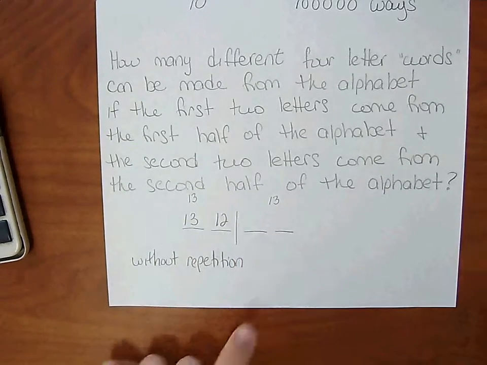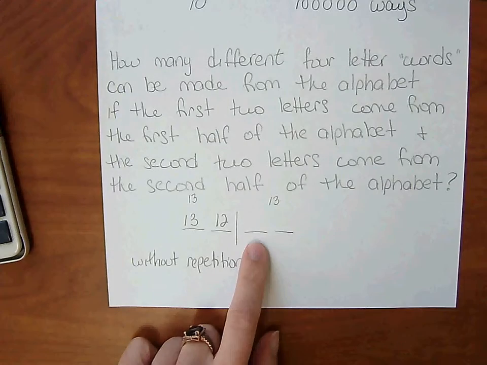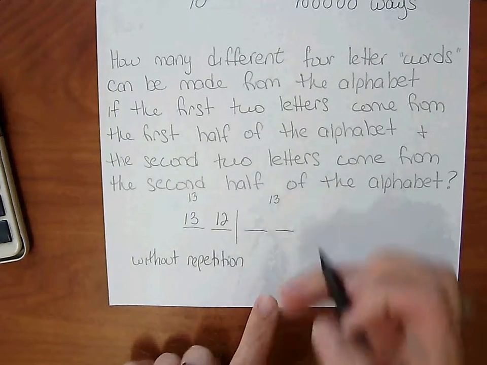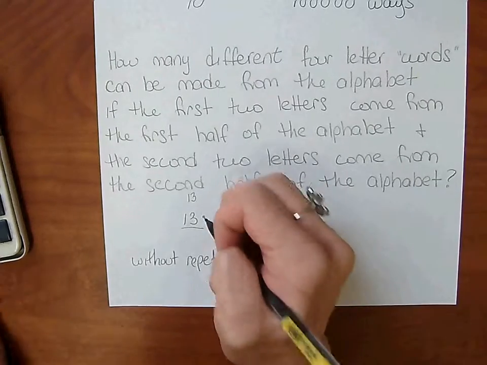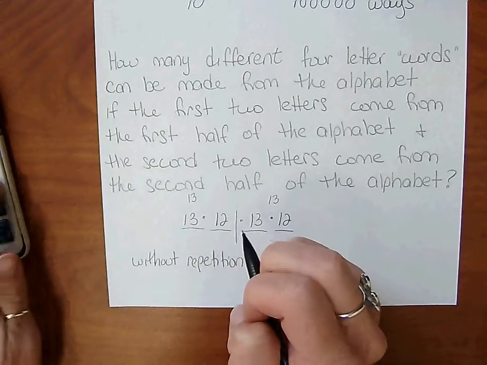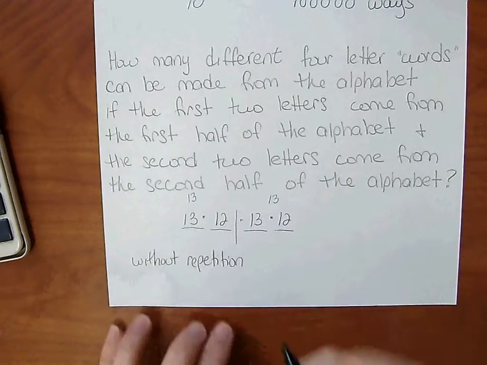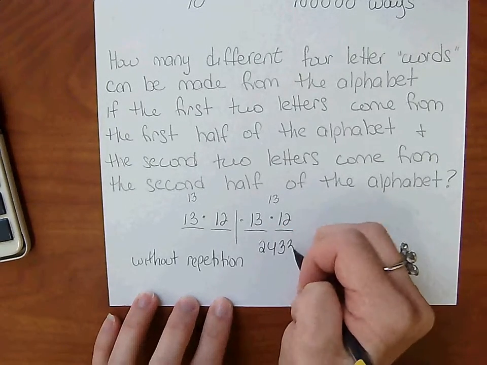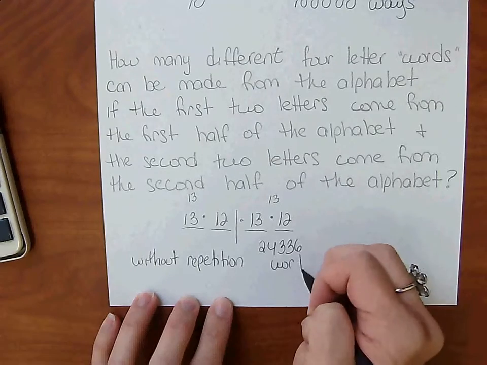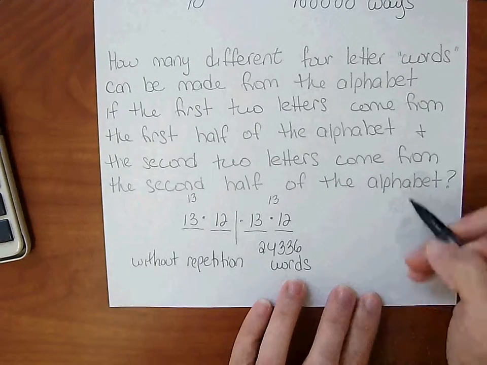Now when I get to my 3rd position, I'm starting over at a new set. So I have 13 choices and then 12 again. Multiply everything together, and there are 24,336 words.